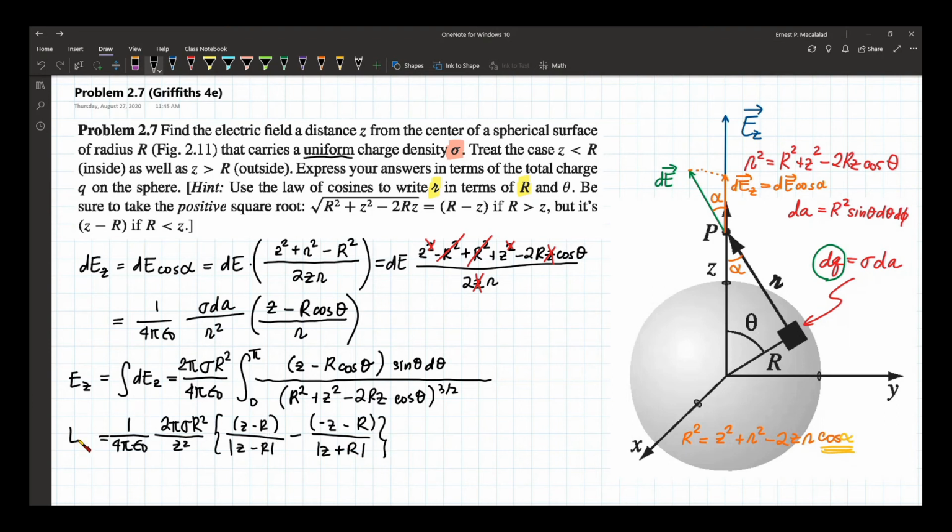Okay, so this is now the electric field.